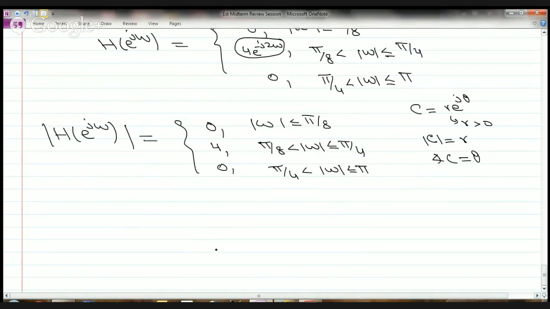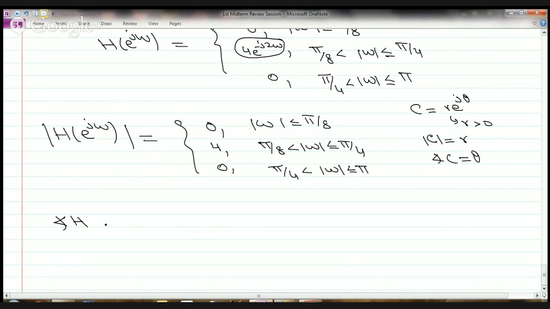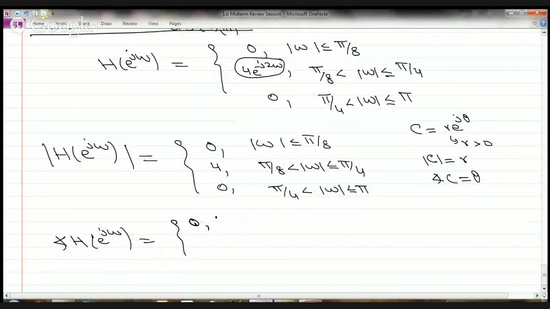Now we are asked to compute the phase of H of e to the j omega. We again look at the phase of these complex numbers. The phase of 0 is really undefined, but you can write 0 if you want, because we don't care about the region where the magnitude is 0. So that's omega less than or equal to pi by 8. What's the phase of this?